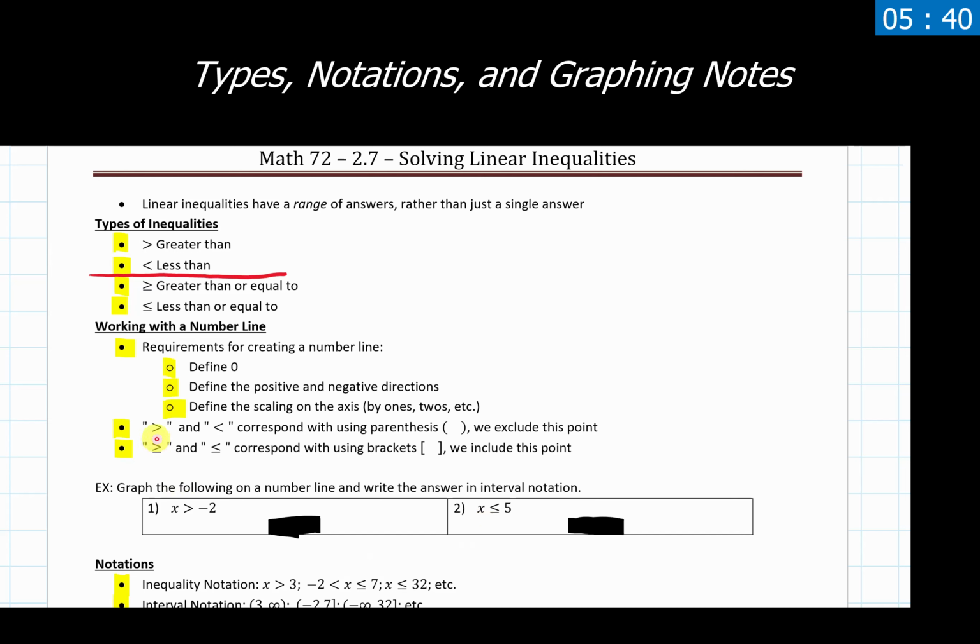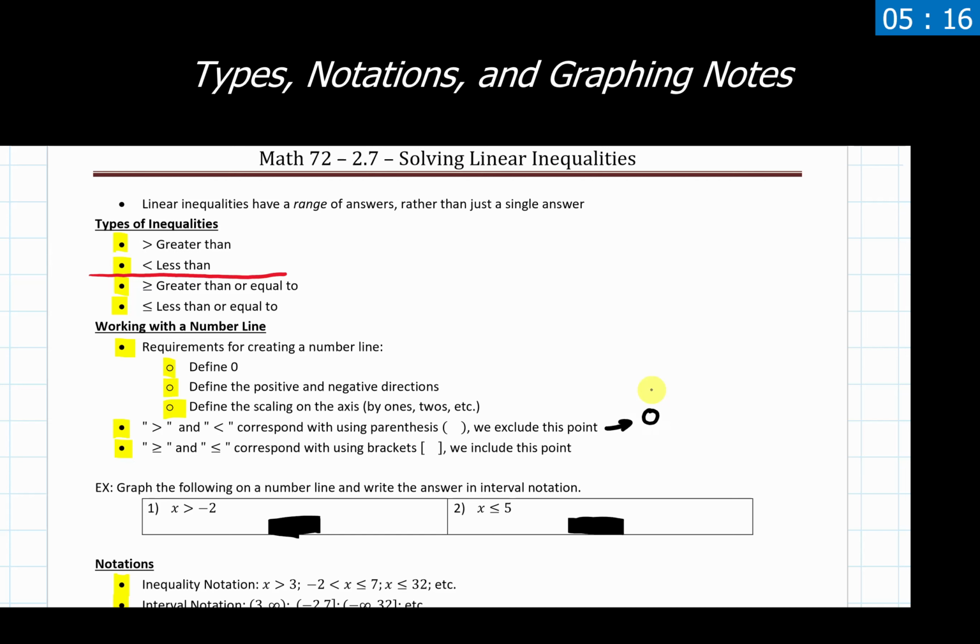If we have the greater than and less than symbols, then that corresponds to using parentheses, meaning we have that number, but we are not going to include that number as part of our answer, meaning we are excluding that point. We also see this sometimes written with an open circle on a number line.